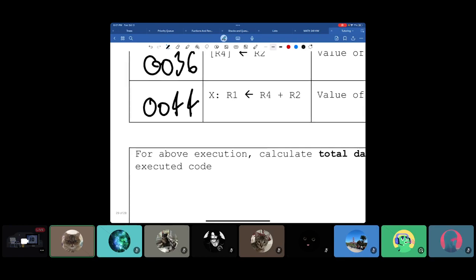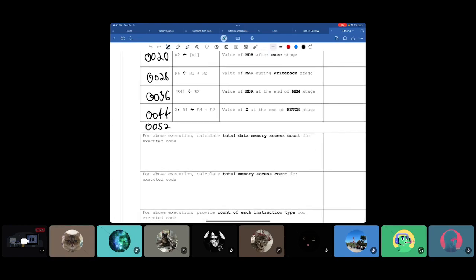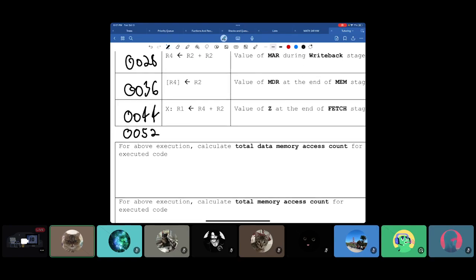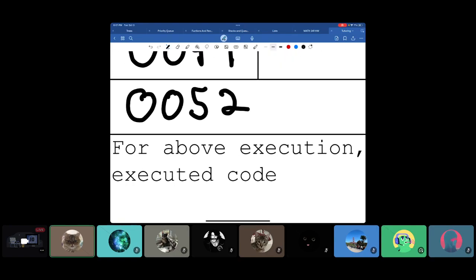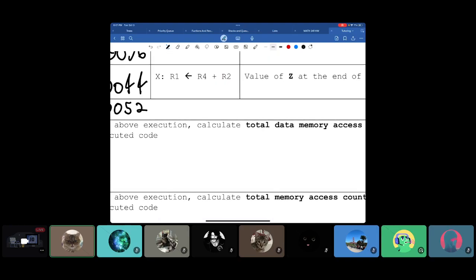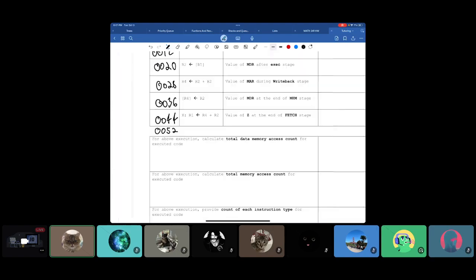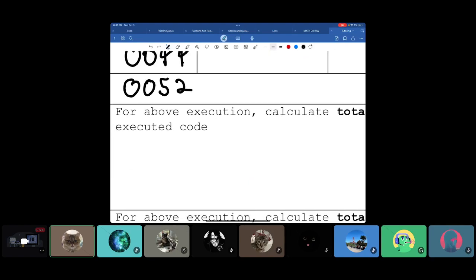And then I guess we can also just put on the actual extra part. I think that's 52. You don't have to put that extra part there, but just in case they ask you what's the value of PC at the end of the fetch stage of the last instruction, that would be 0052.